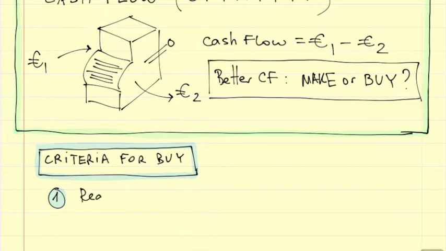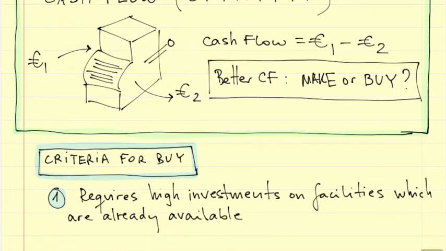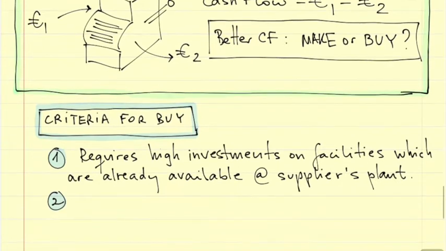If the product requires high investment on facilities which are already available at the supplier's plant, well, then it might make sense to think about buying.